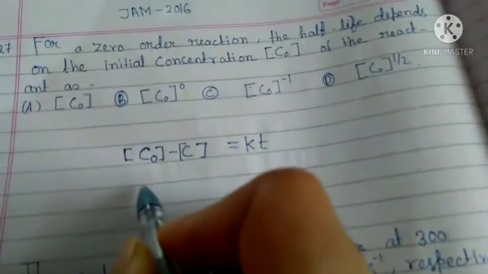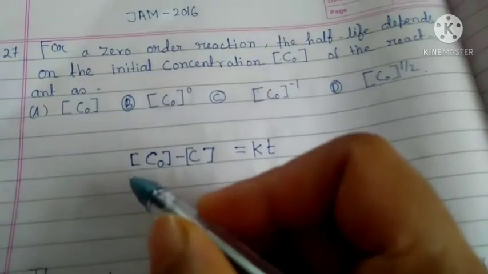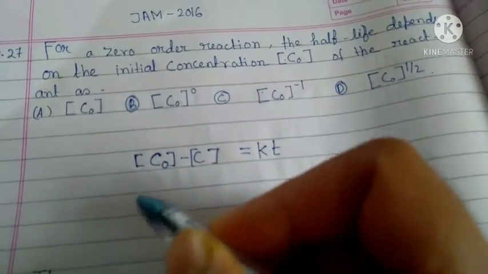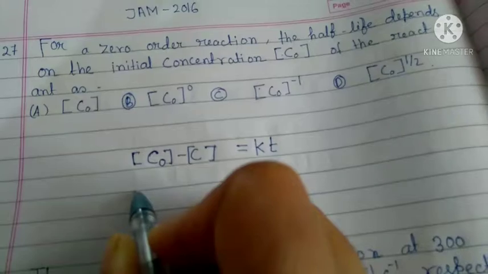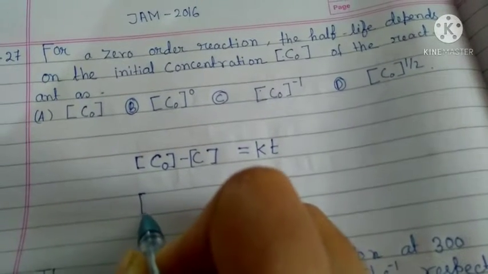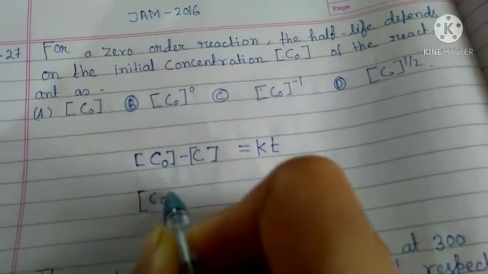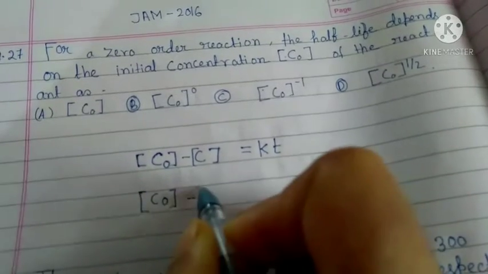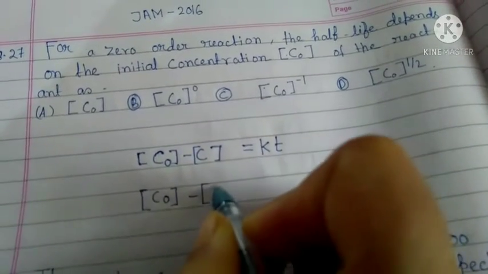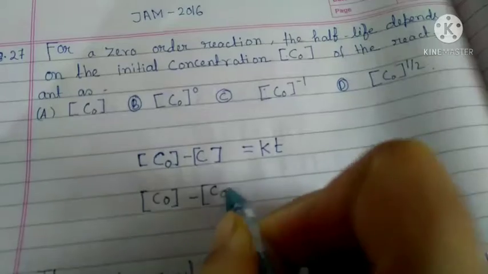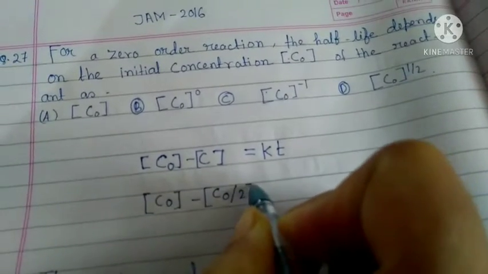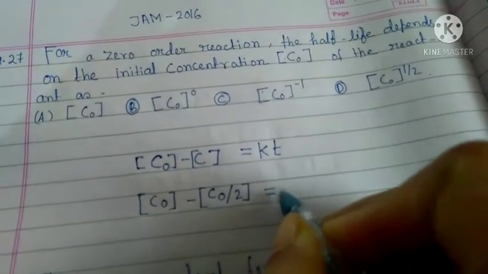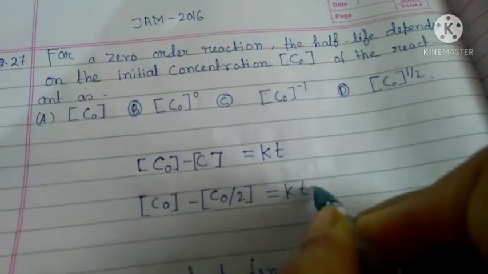So from here, if we put the half-life condition, the concentration will be C0 by 2, and C0 minus C0 by 2 is equal to K into T half.